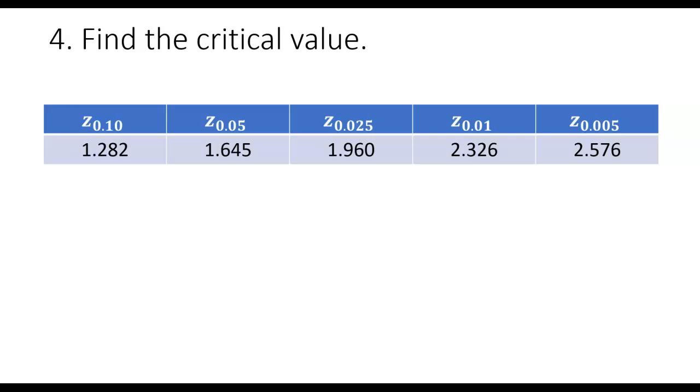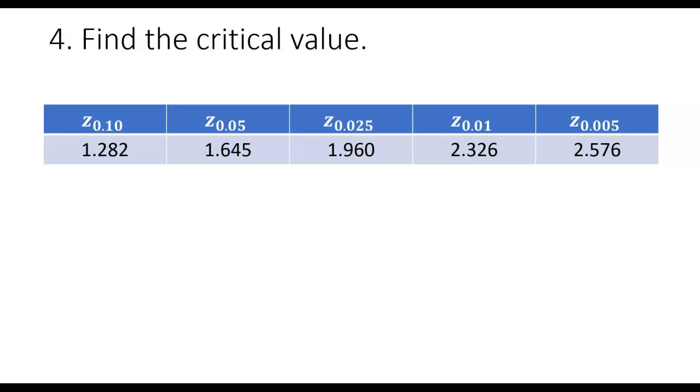So we are given standard numbers here. Now, these are for one-tailed tests because all of the area in a one-tailed test is focused on one side. If we have a two-tailed test, we're going to have to split it because it's symmetrical. So at a significance level of 0.10 in a two-tailed test, there would be 0.05 in each tail.